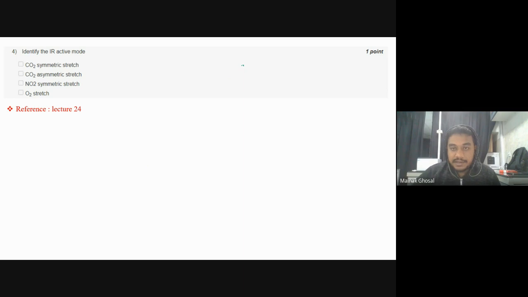That means during vibration, your dipole moment needs to change. If it is not changing, then it is IR inactive. If it is changing, then it will be IR active.